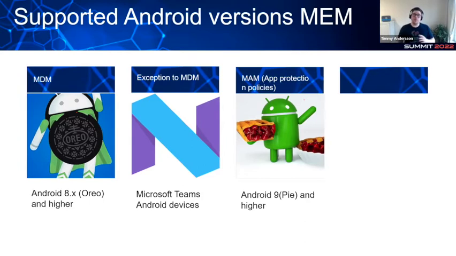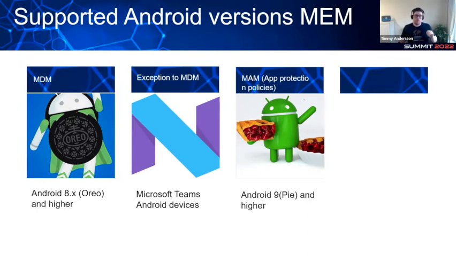Because just like on the Windows side of things, we need to keep up with the supported version of the operating system. There is no difference here between a Windows PC and an Android device, or even an iOS device for that matter. There is one exception though for Microsoft, and that is the Microsoft Teams Android devices. Regardless of whether these devices are running Android 8 or higher, they are supported.